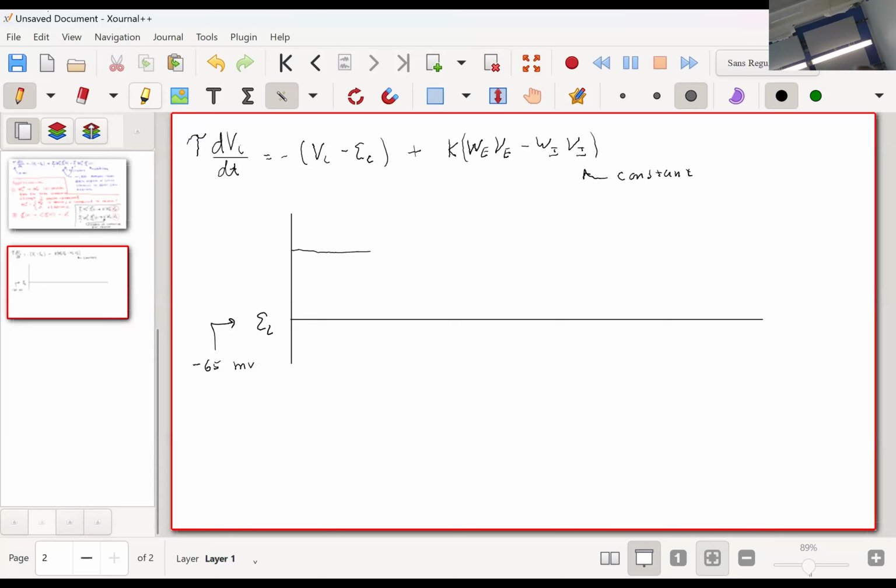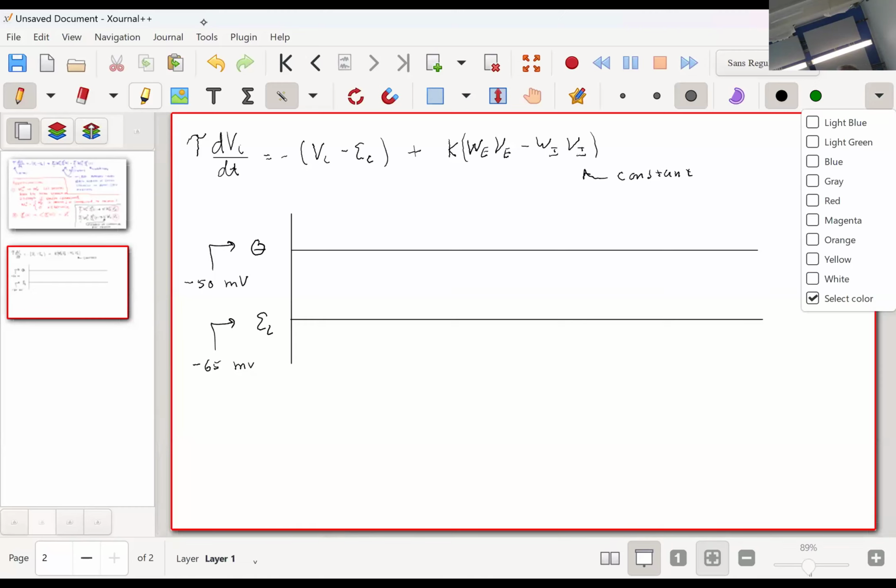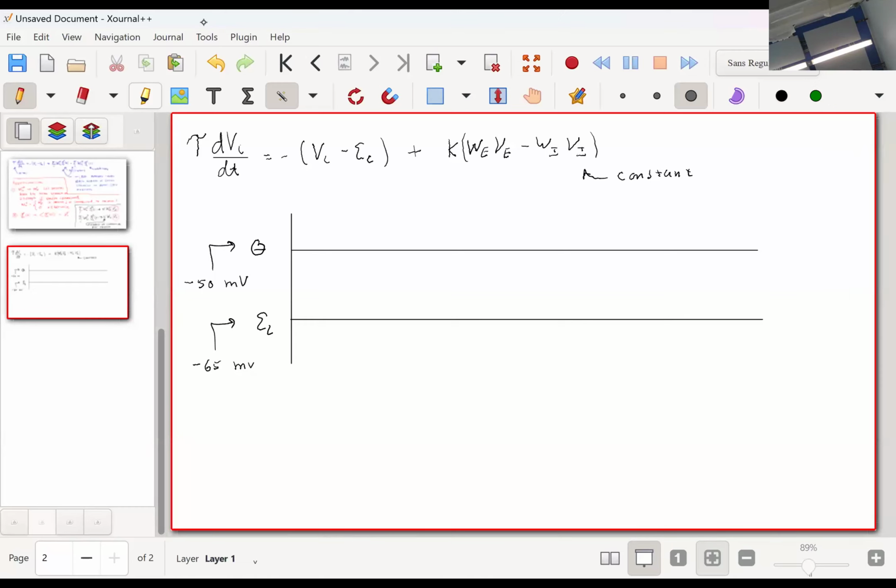And up here is threshold, call it theta, and this is about minus 50 millivolts. And then basically we have this quantity here.